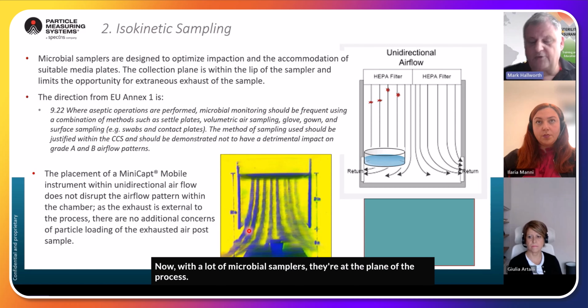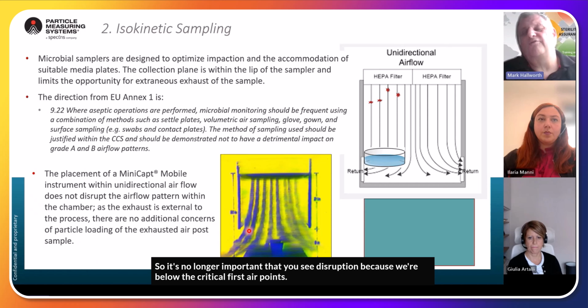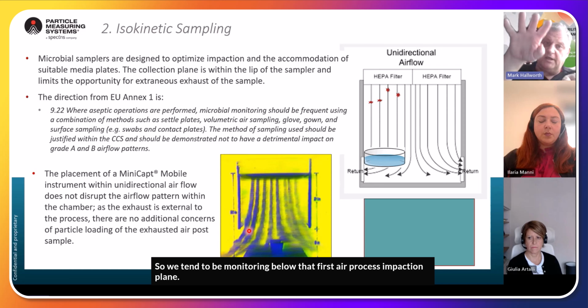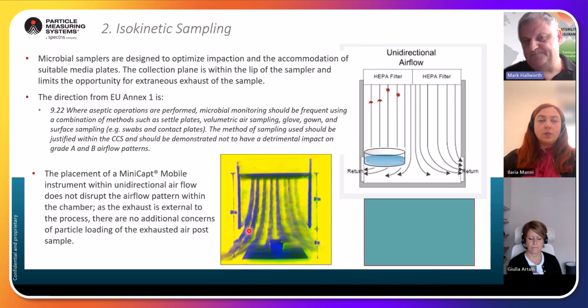Now, with a lot of microbial samplers, they're at the plane of the process. So it's no longer important that you see disruption because we're below the critical first air points. So we tend to be monitoring below that first air process impaction plane.